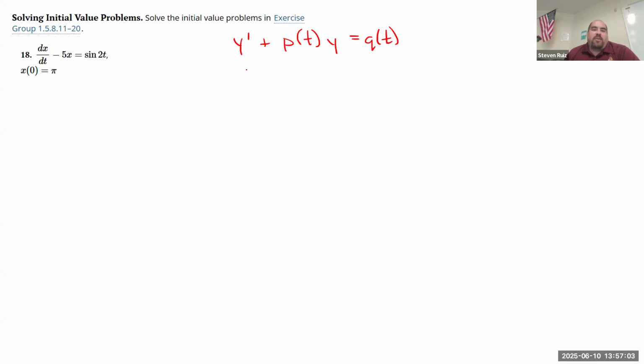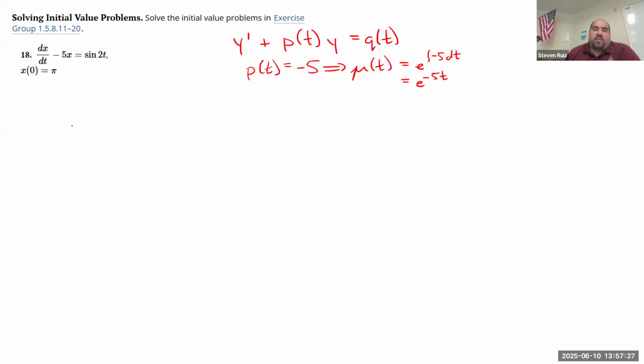So again, our first move is going to be to figure out what our integrating factor is. In this case, our p of t is -5, which means that our mu of t is going to be e to the integral of -5 dt, which is equal to e to the -5t. All right, so that's my integrating factor.